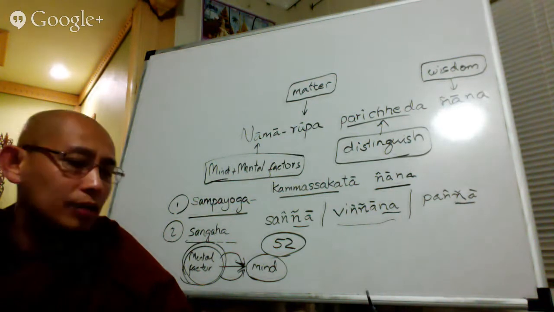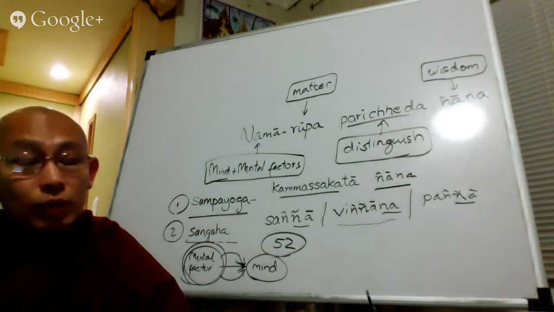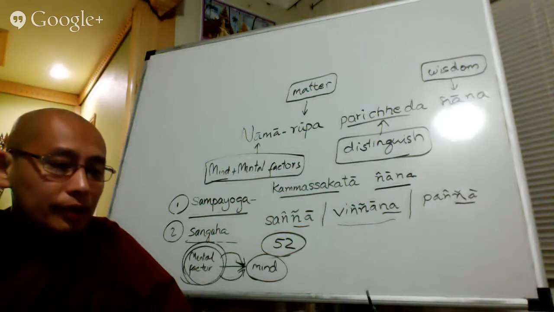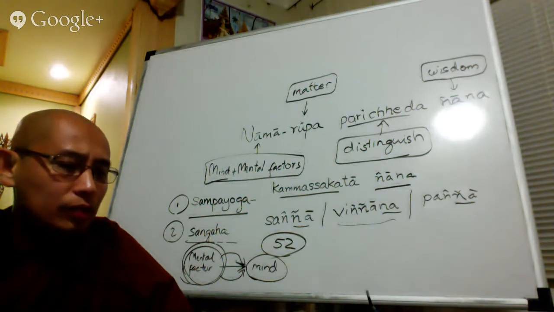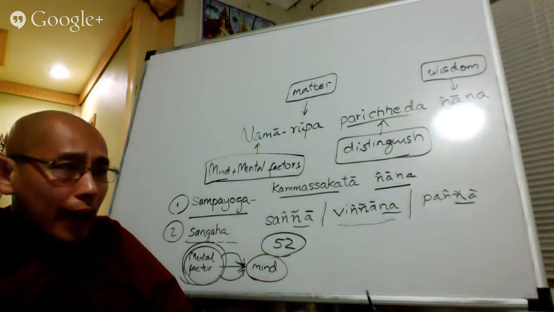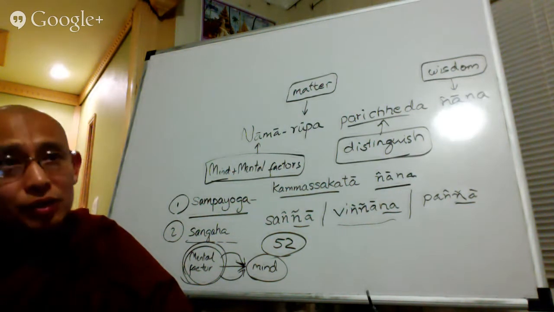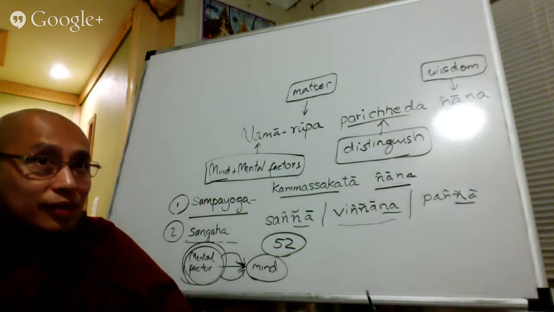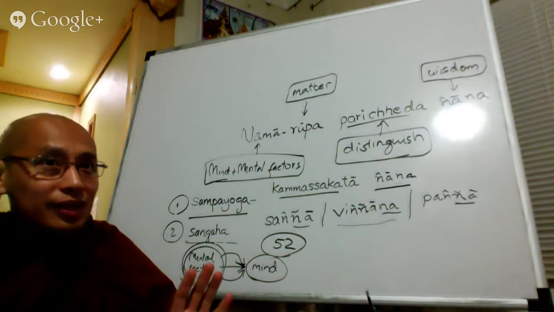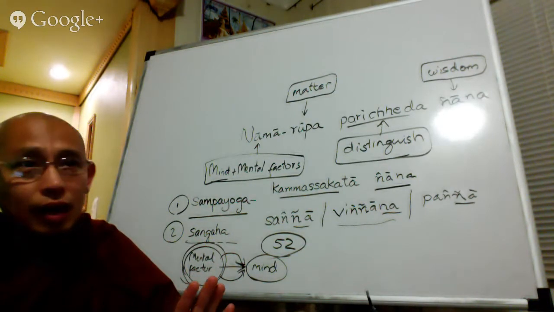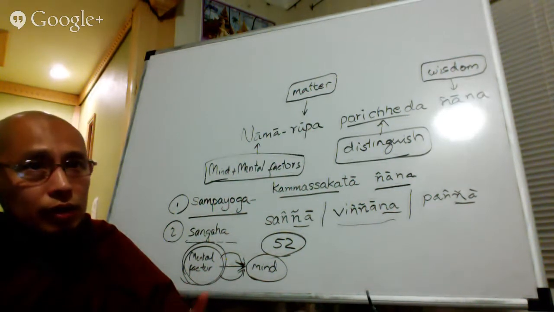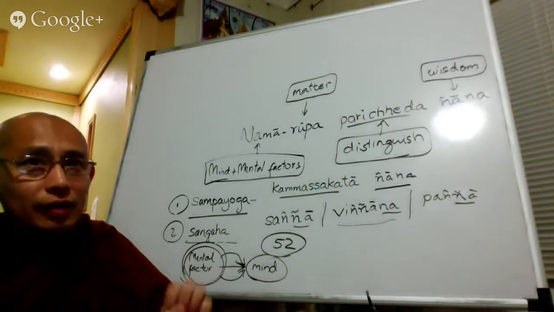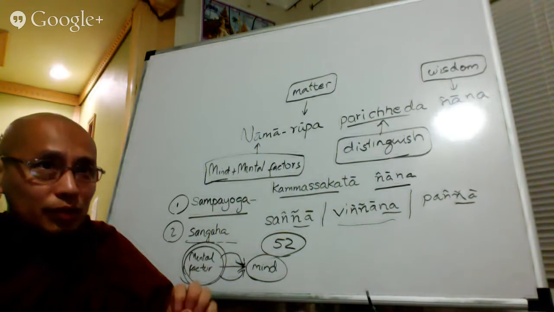Only 8 types of rootless mind, because of eye consciousness, ear consciousness, nose consciousness, tongue consciousness, body consciousness. These are the 5 consciousness.